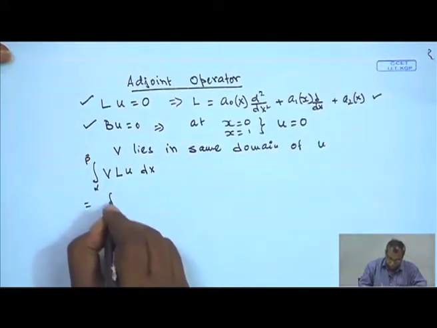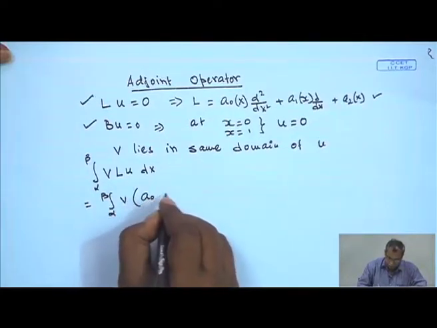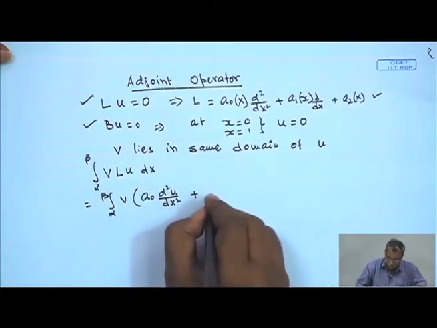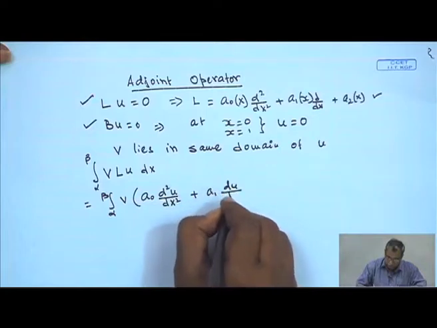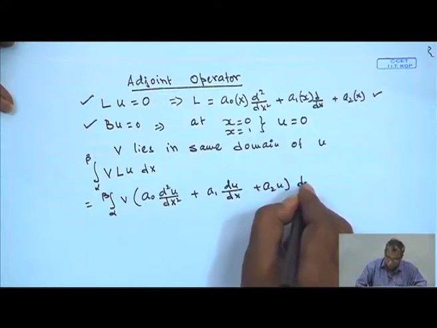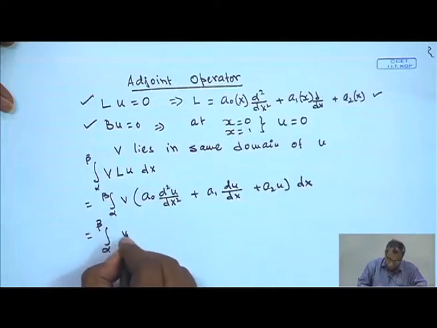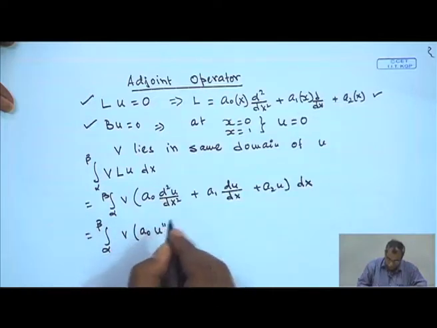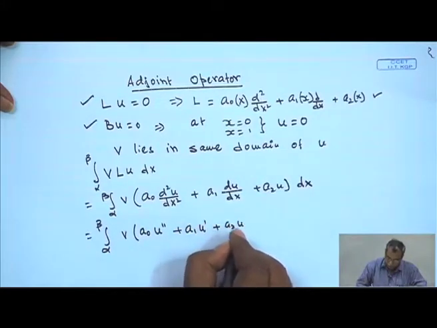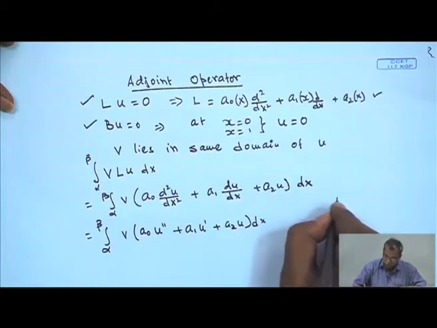Then let us expand the operator: a0 d square u dx square plus a1 du dx plus a2 u, multiplied by v dx. So we write the integral of v (a0 u double prime plus a1 u prime plus a2 u) dx, where primes denote the derivative with respect to x.